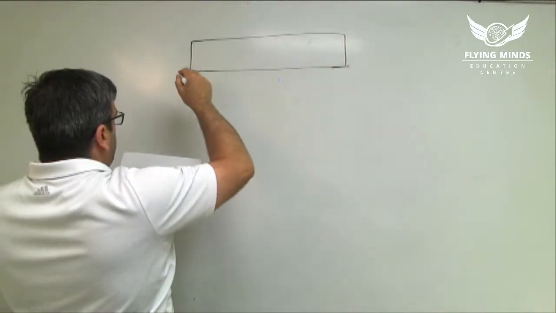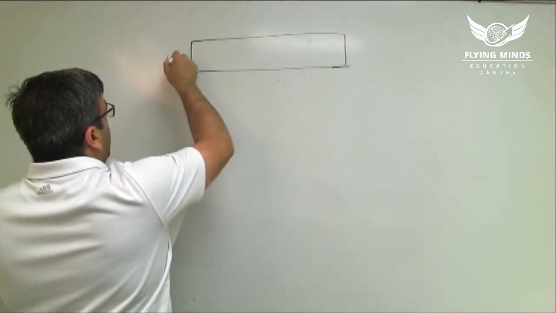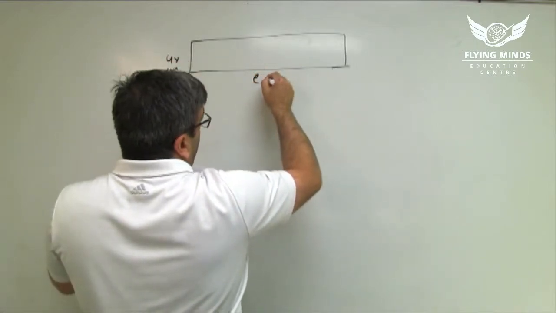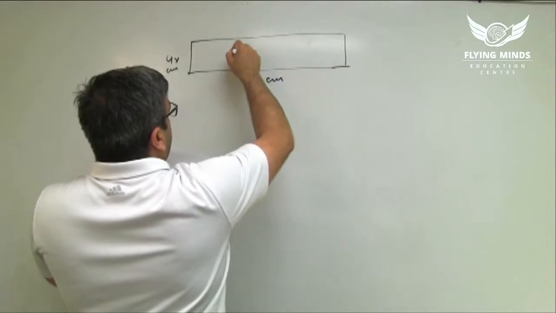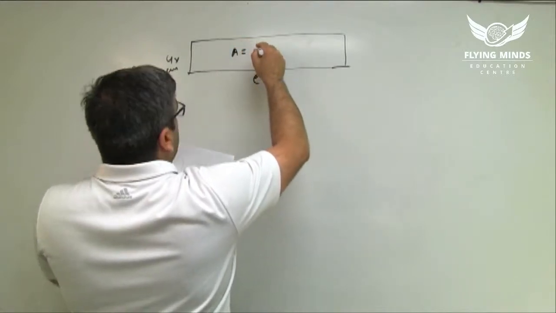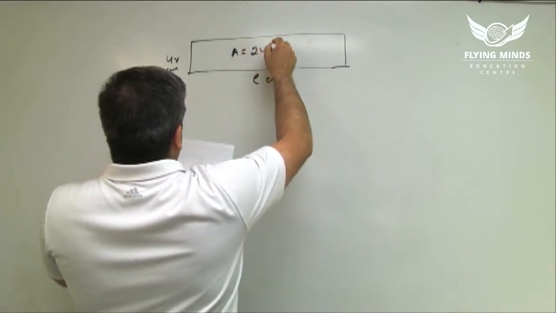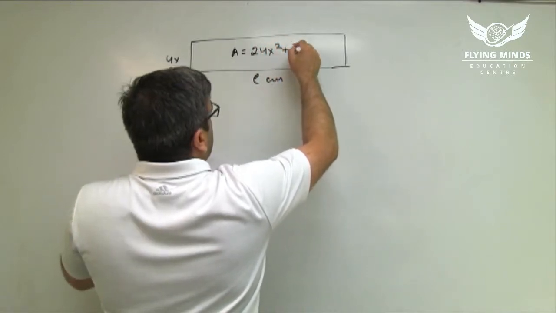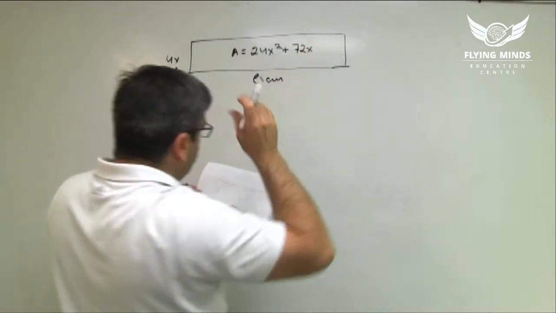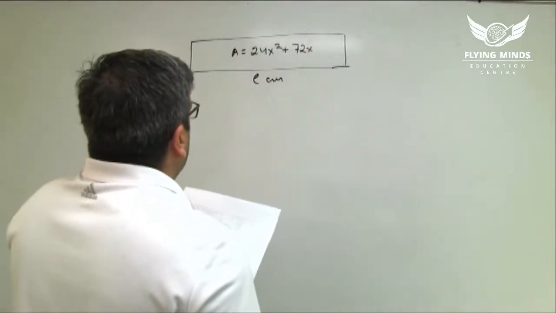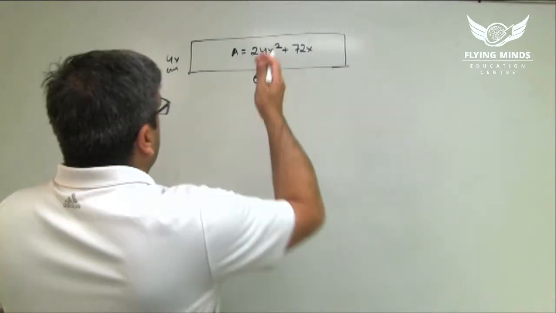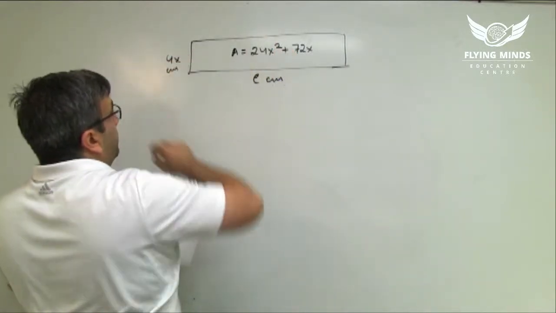So width is 4x centimeters, length is L centimeters, area given by formula 24x squared plus 72x. Okay, so what area?